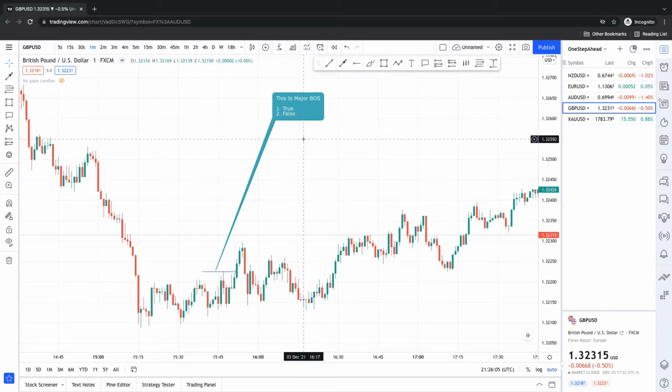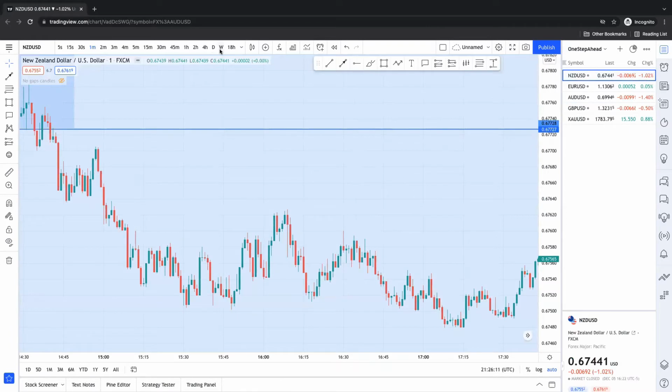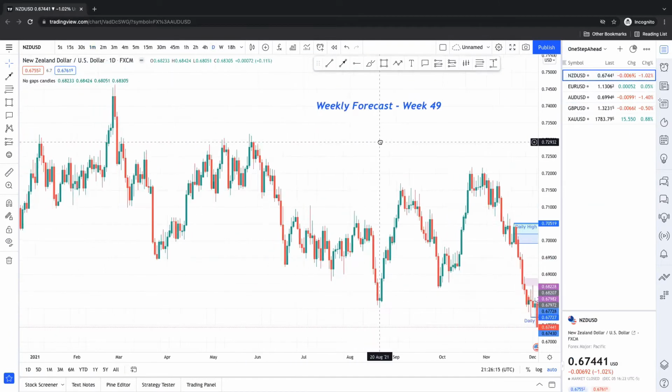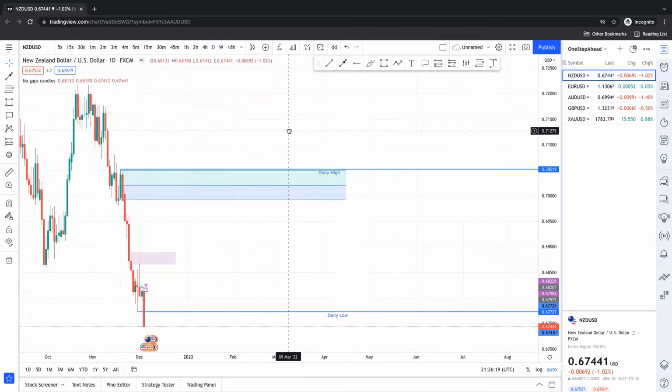Okay, so let's get started with our weekly outlook for the pairs that we trade. It's week number 49, so we are approaching the end of the year.